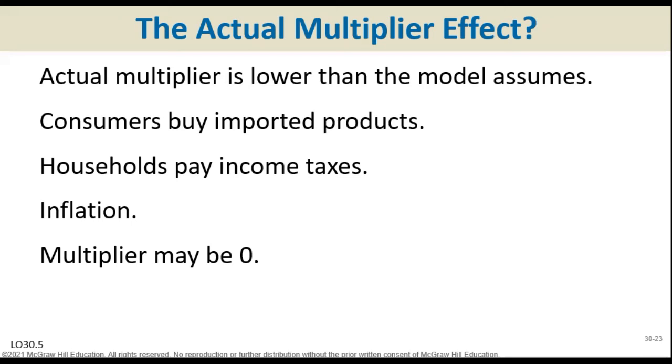For instance, in any economy, you spend money on imports, which other countries produce and send to you. So anytime you spend money on imports, it doesn't do anything to the GDP, because people from outside the country produced those items that we import.